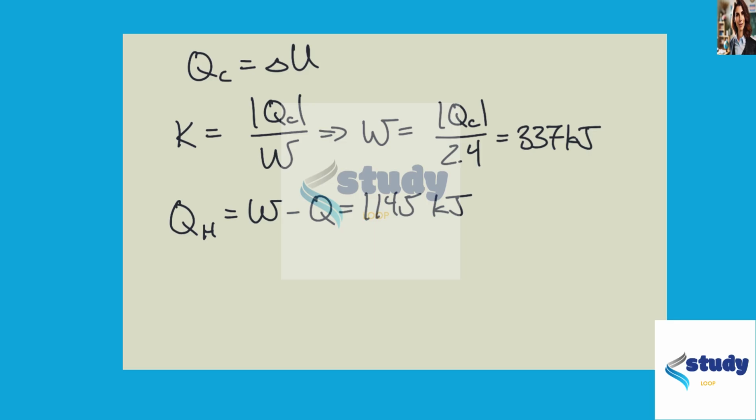Now we know the coefficient of performance is the absolute value of the heat absorbed from the water divided by the work in. So we can find that the work in is the absolute value of the heat absorbed from the water, divided by the coefficient of performance, which is 2.4, and we get 337 kilojoules.